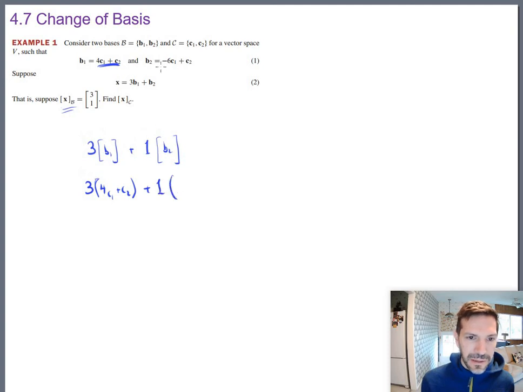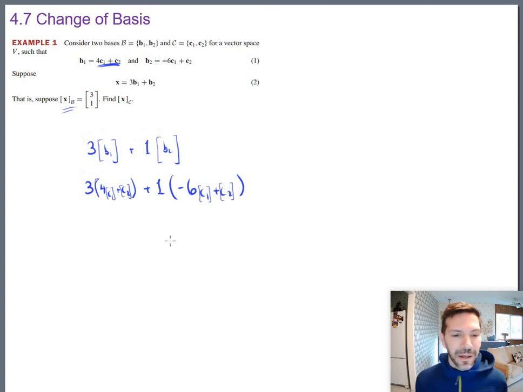And wherever I see B2, I should be able to replace that with negative 6 C1 plus C2. These C's are still vectors. I'm just going to put little brackets around them because I'm obsessive that way. Okay. Anyway, I've just replaced B1 with what they told me it was equal to.